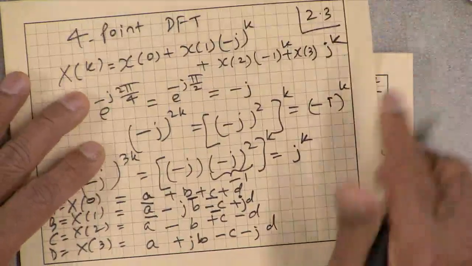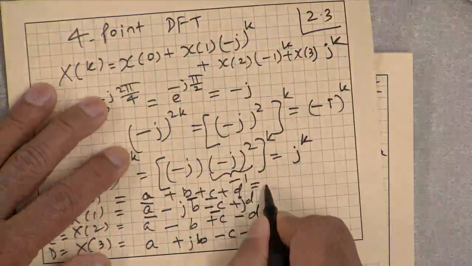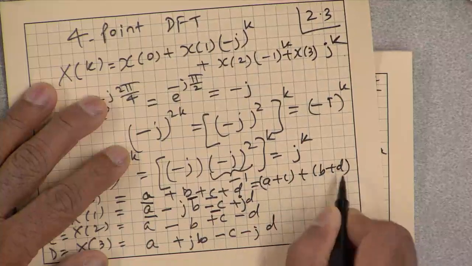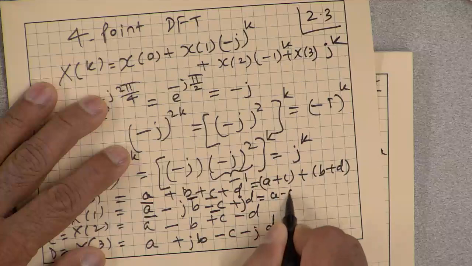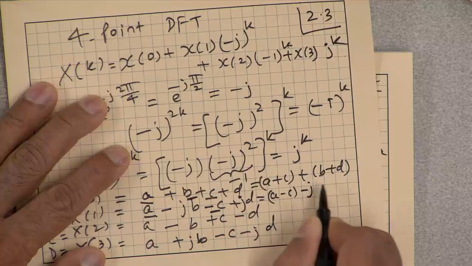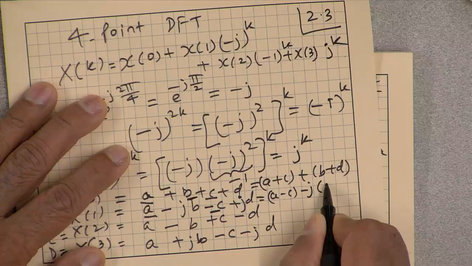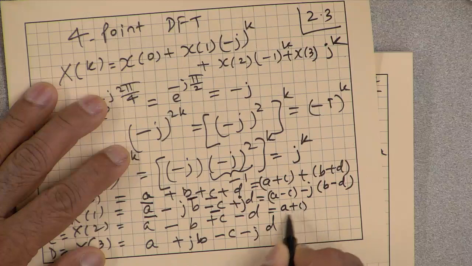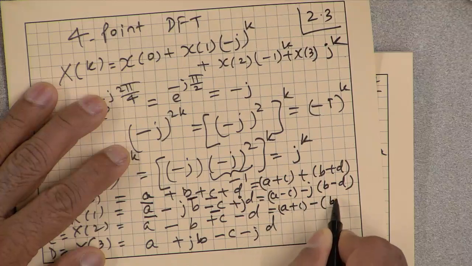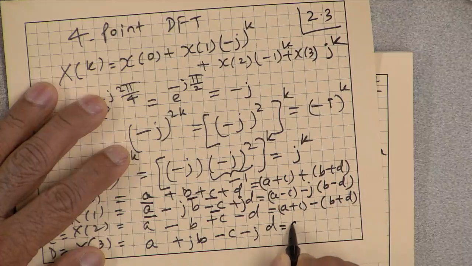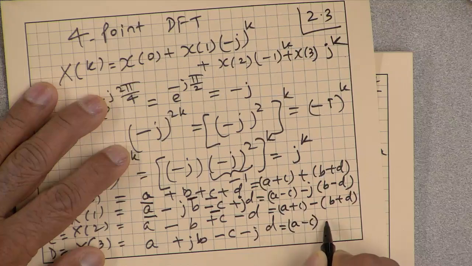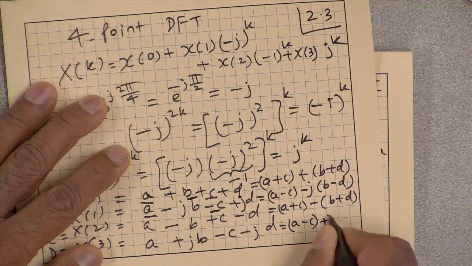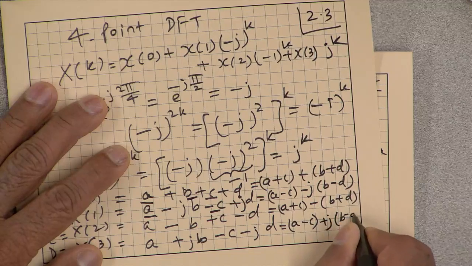This is equal to A plus C plus B plus D. This is equal to A minus C minus j times B minus D. This is A plus C minus B plus D, and this is A minus C plus j times B minus D.